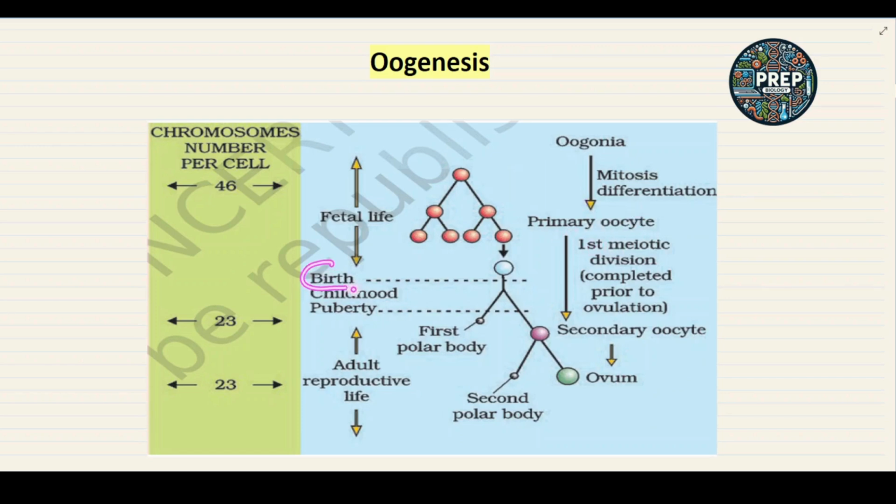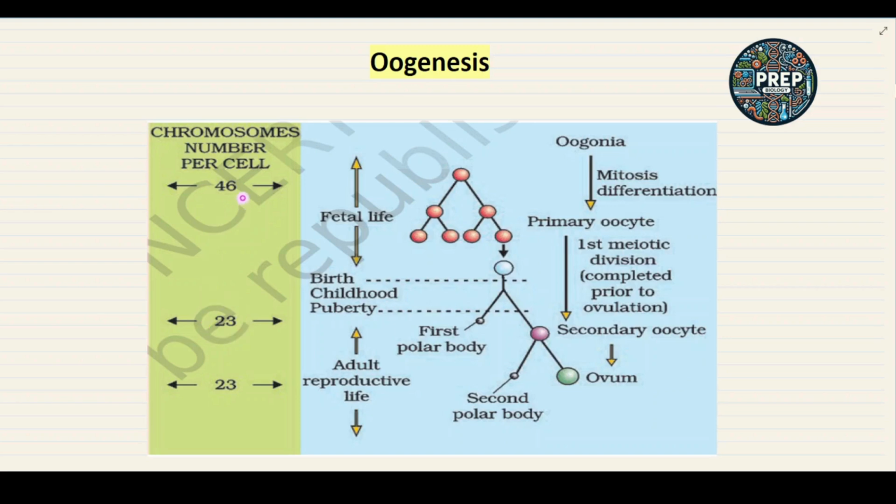Now, after the birth of a girl, the primary oocyte undergoes the first meiotic division and the secondary oocyte will form. When the primary oocyte undergoes the first meiosis, the chromosome number goes from 46 to 23.